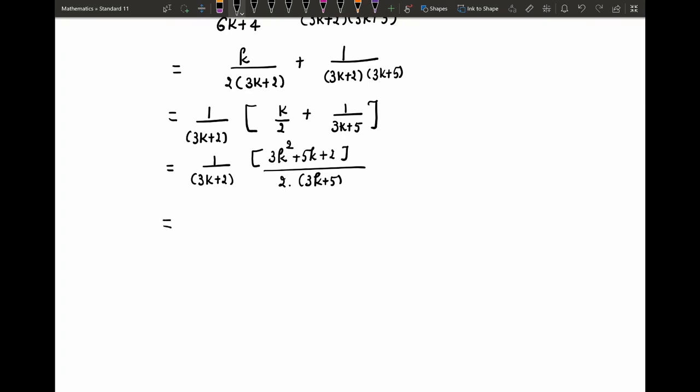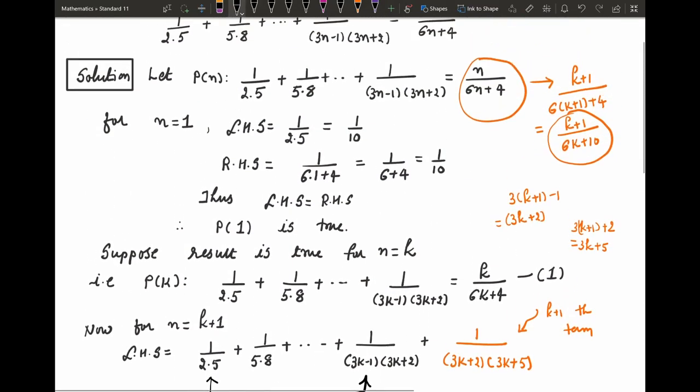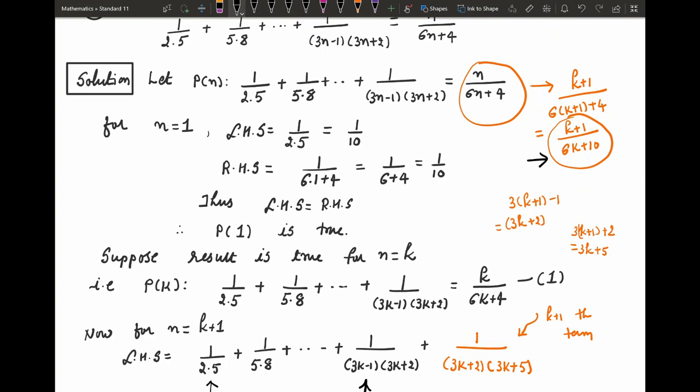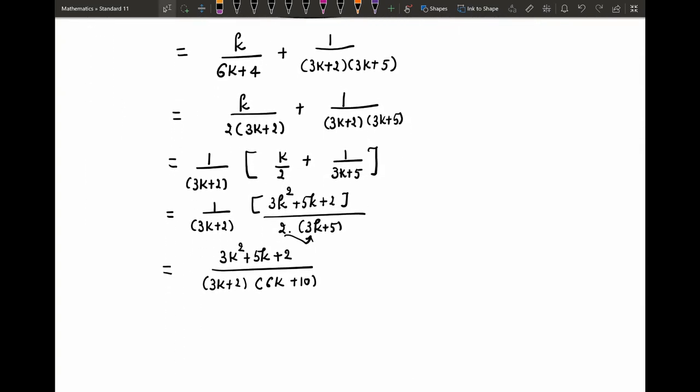So this is nothing but 3k square plus 5k plus 2 upon 3k plus 2 into this thing, so it will be 6k plus 10, but you observe right hand side in denominator there should be 6k plus 10, so this term will be useful.